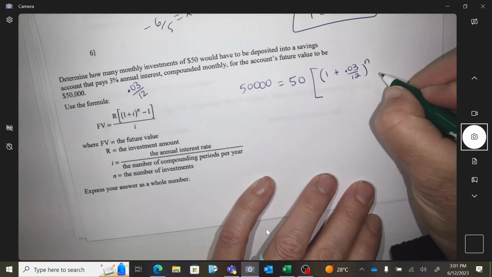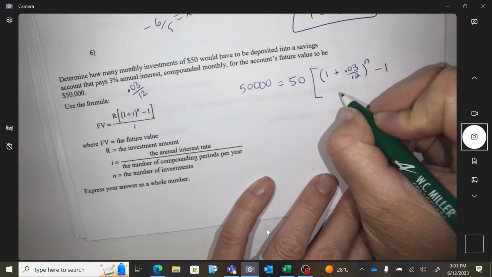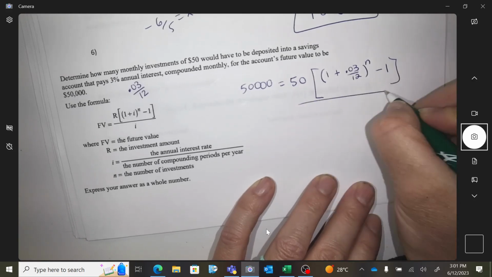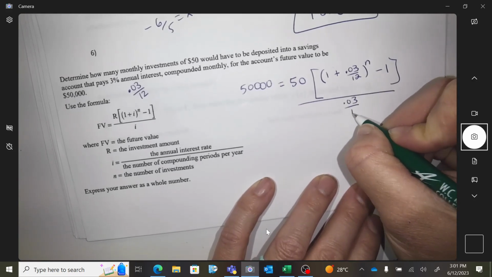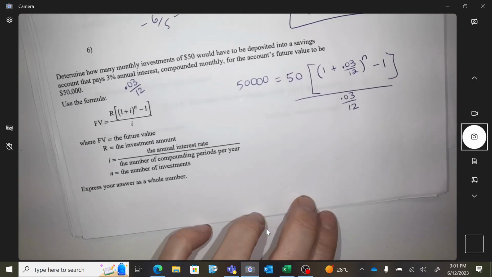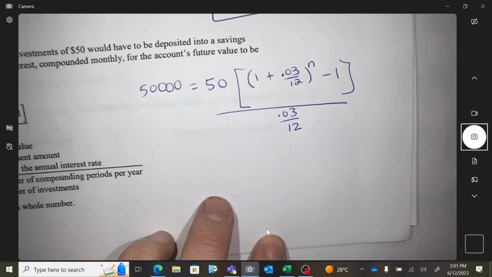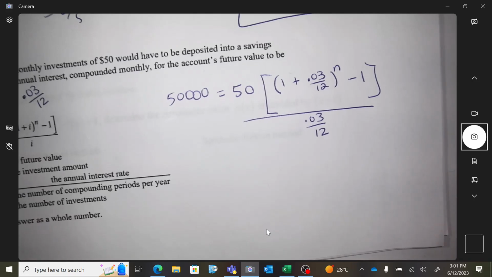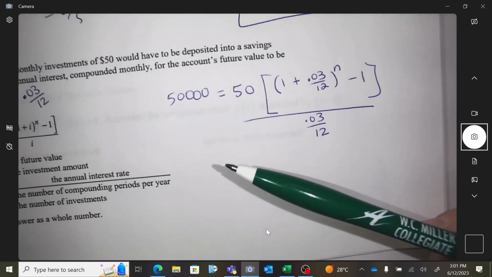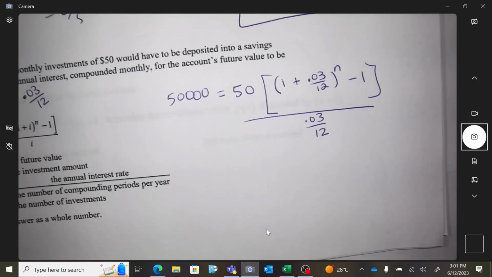To the n minus 1 over that. Okay, some of you on your test mixed the order here. There's an order you have to do.